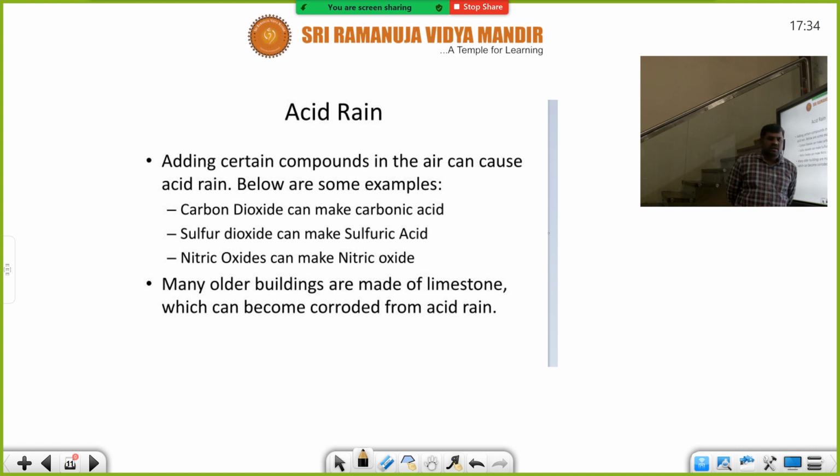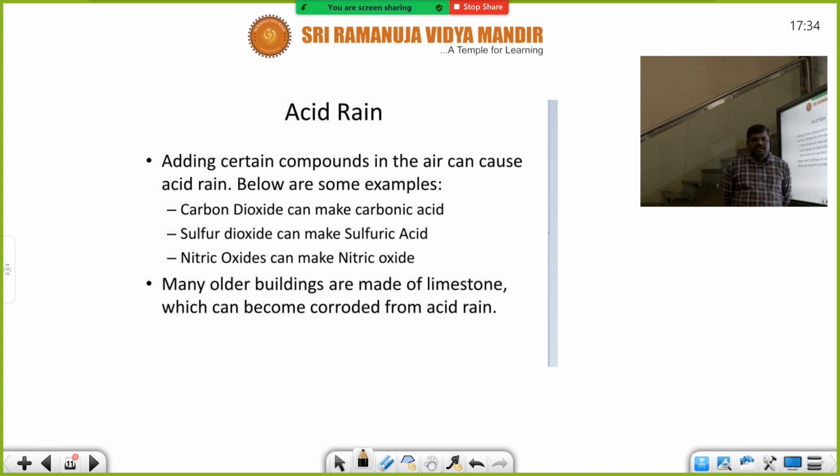Long ago, buildings were constructed with calcium carbonate and calcium oxide, that is, lime, which reacts with acids and gets damaged. So how are acid rains formed? Industrial waste, that is, oxides of nitrogen, oxides of sulfur, and oxides of carbon, mixes with water, that is, with rain, to form acids, giving us acid rains. Acid rains are very dangerous.